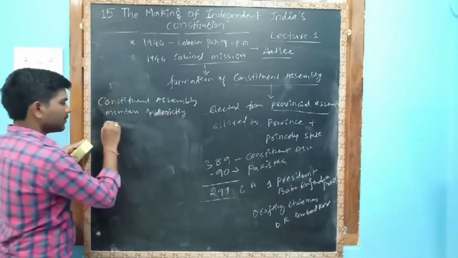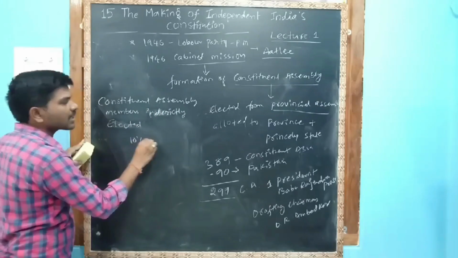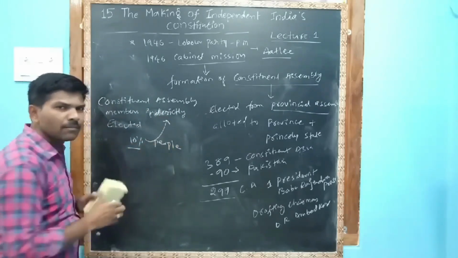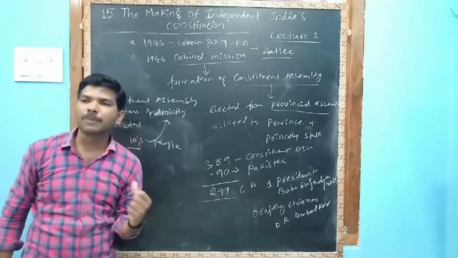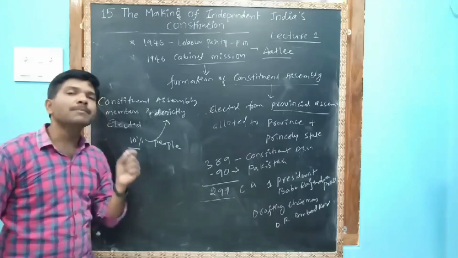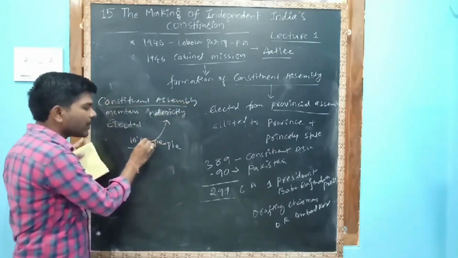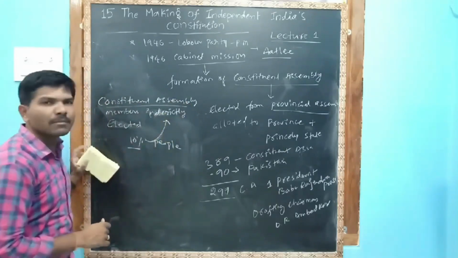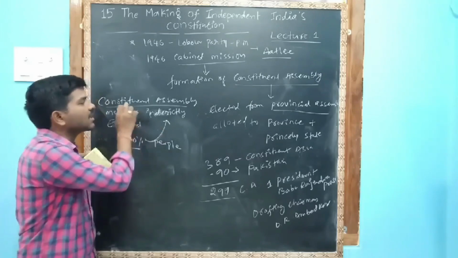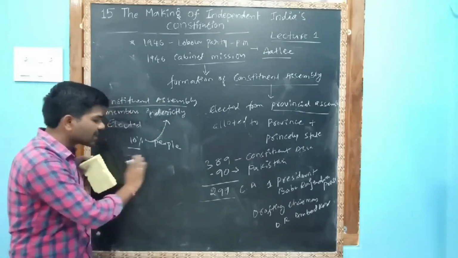Indirectly elected means only 10% of the people elected them. At that time voting rights were with very few people. Only 10% of the population elected the members of the Constituent Assembly, and these members were indirectly elected.